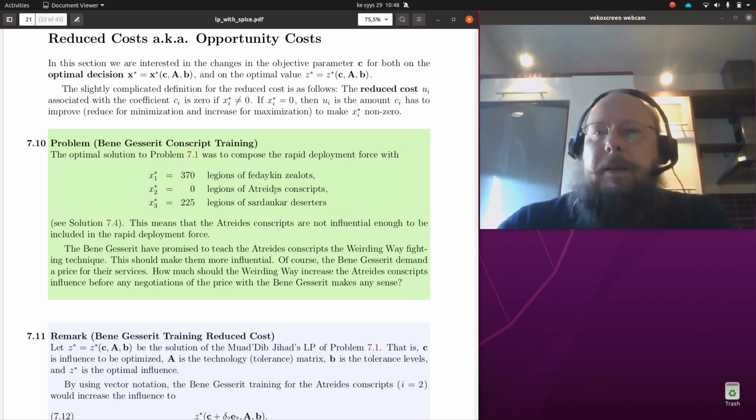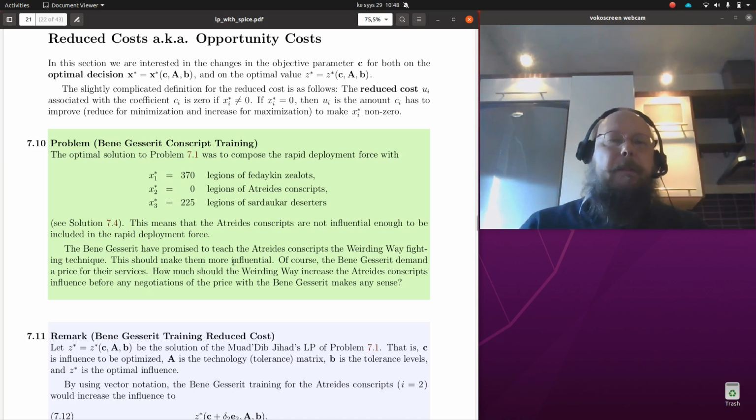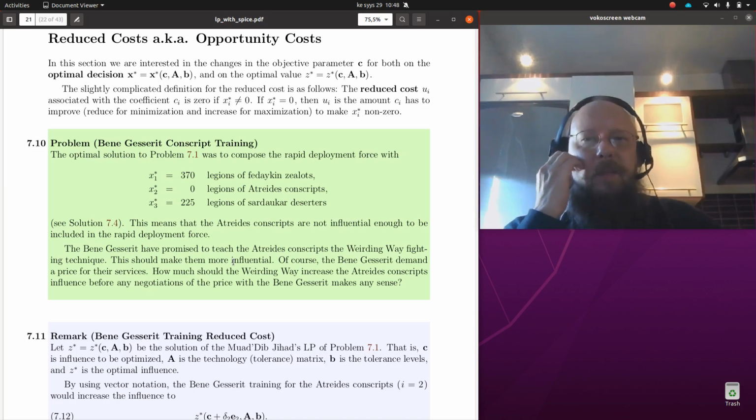And indeed, now the case is that the Bene Gesserit have promised to teach Atreides conscripts the so-called Weirding Way fighting technique. This is a special Bene Gesserit fighting technique, and this technique should make the Atreides conscripts more influential, better soldiers, and so on. And in a situation like this, of course, there is no such thing as a free lunch, typically.